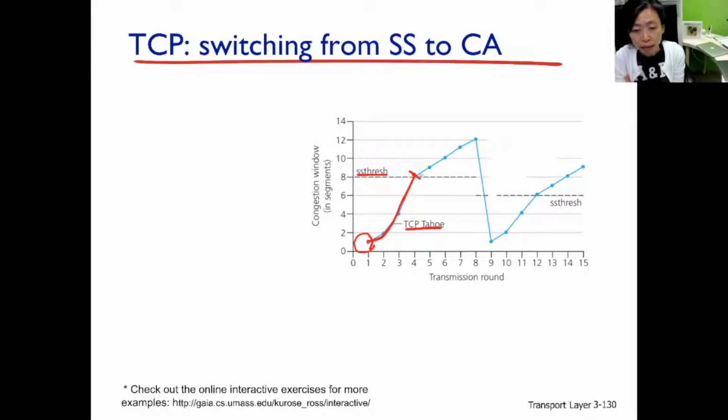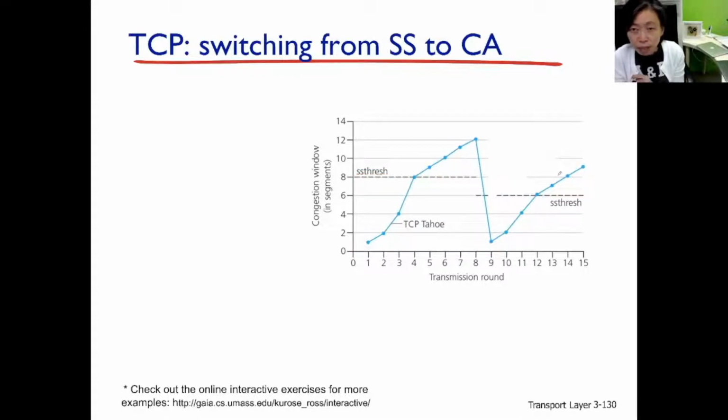That's when we exit slow start and enter congestion avoidance, where we do AIMD, so additive increase. At this point, we detect a packet loss due to 3 duplicate ACKs. But in Tahoe, we'll just drop the window size back down to 1 again. And then slow start again, a concave curve, until we hit the threshold again, and then AIMD again in the congestion avoidance state.